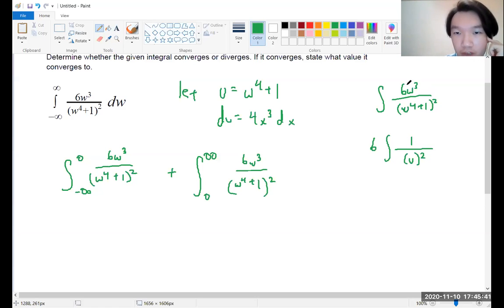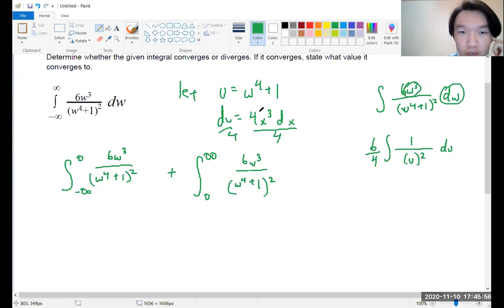We also have a w cubed dw, which we can rewrite as du over 4, right? So if you divide by 4, then these go away. And this is what you're left with as your integral in terms of u. Okay? All right, so now it's 1 over u squared, which we should be able to integrate.